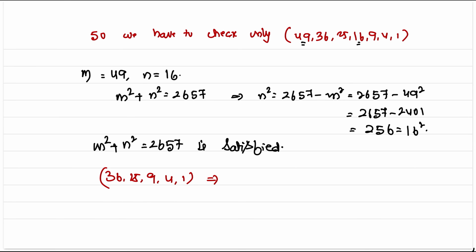In this, let us go for 36. m is equal to 36. Then n square is equal to 2657 minus 36 square, that is equal to 1361. 1361, is it a perfect square?